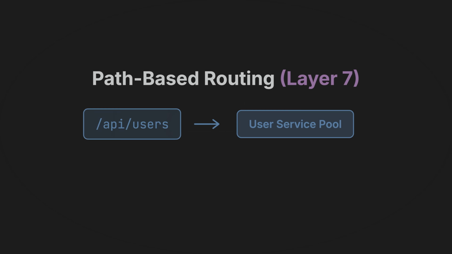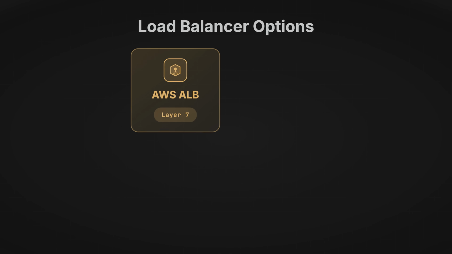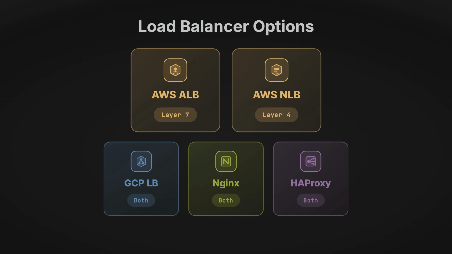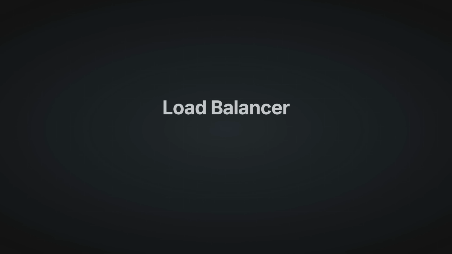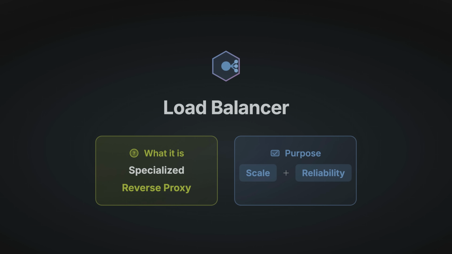All /api/users requests to one server pool, /api/orders to another. AWS offers both: ALB, Application Load Balancer for Layer 7, NLB, Network Load Balancer for Layer 4. Google Cloud Load Balancer, Nginx, and HAProxy also support both modes. So, a load balancer is a specialized reverse proxy focused on distributing traffic for scale and reliability.